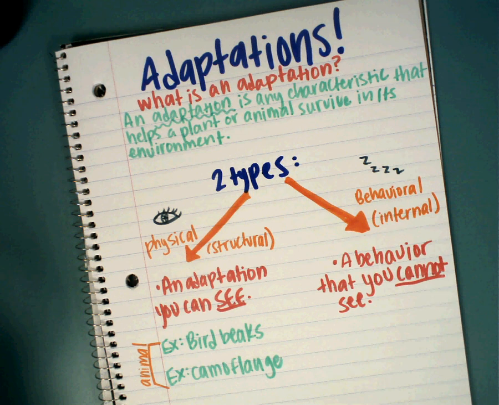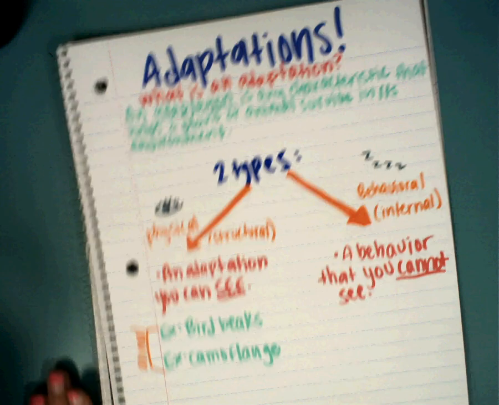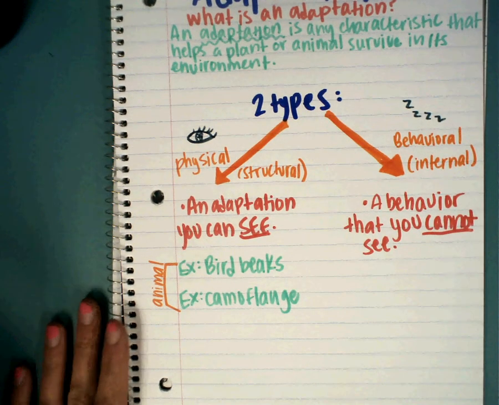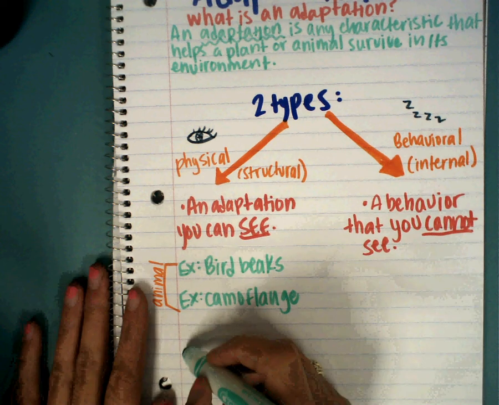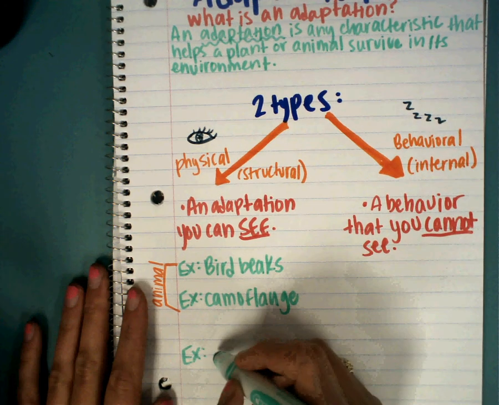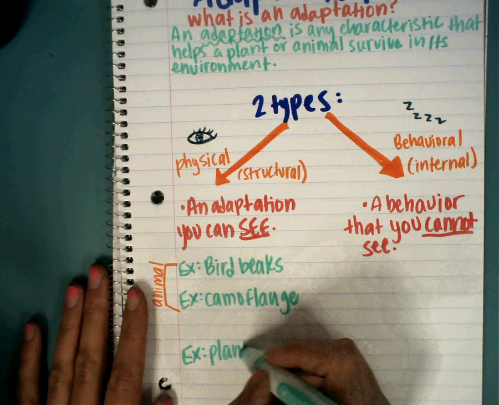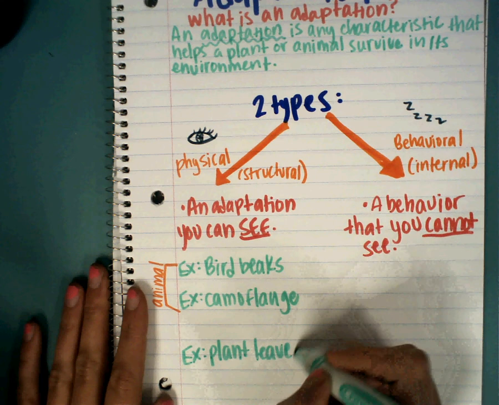They can get more water or regulate their water if they need more or less. They have big leaves to get more sunlight. So plant leaves are definitely a physical adaptation of plants, right? Plant leaves.